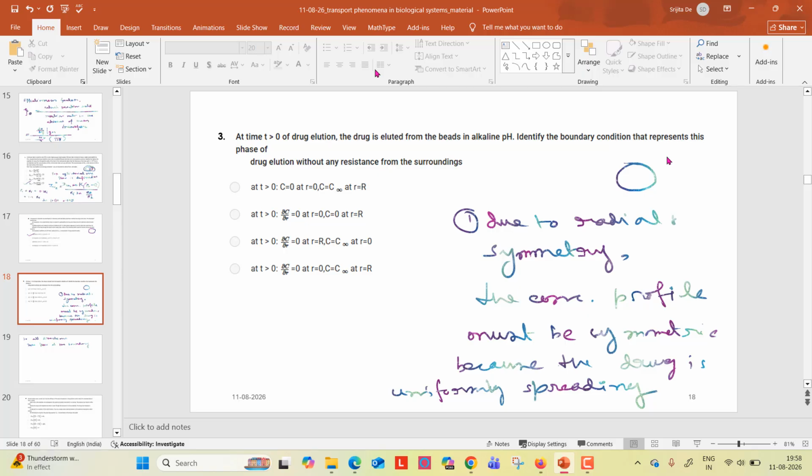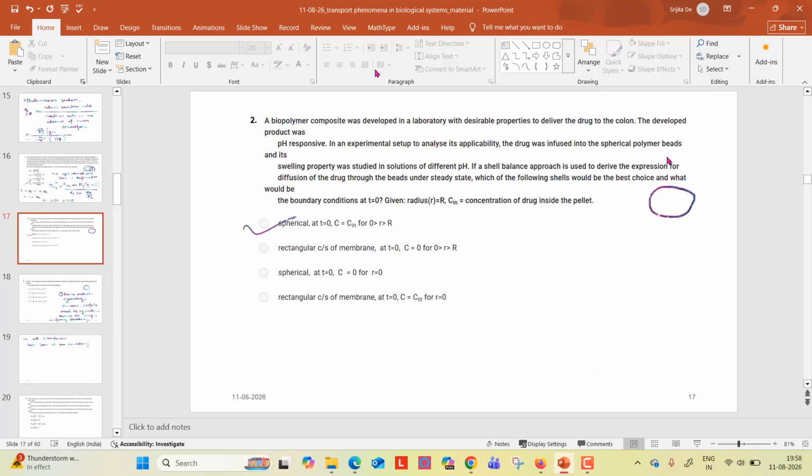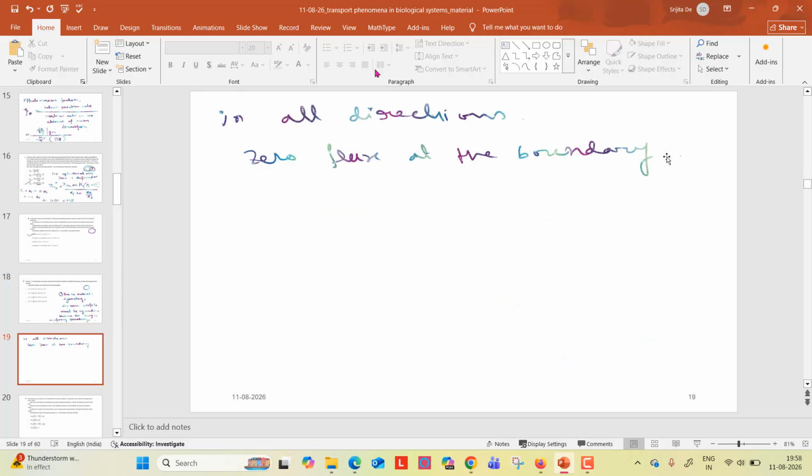Because it is zero flux. It is saying it is zero flux. So at the boundary there is no change of concentration with radius. So at t greater than 0, as time increases, it spreads uniformly. So del C del R will be 0.